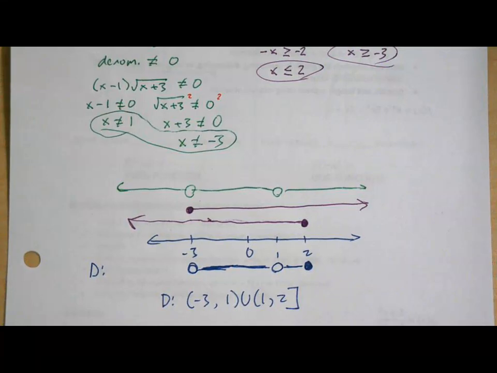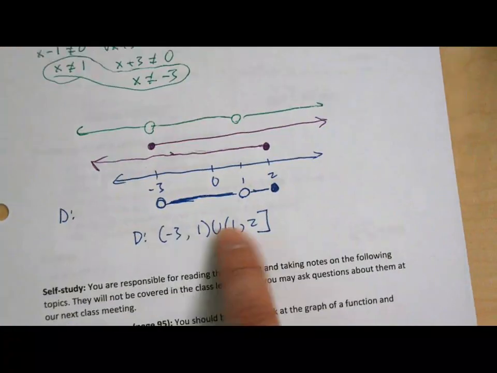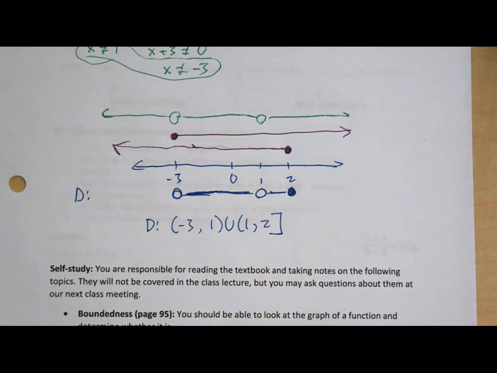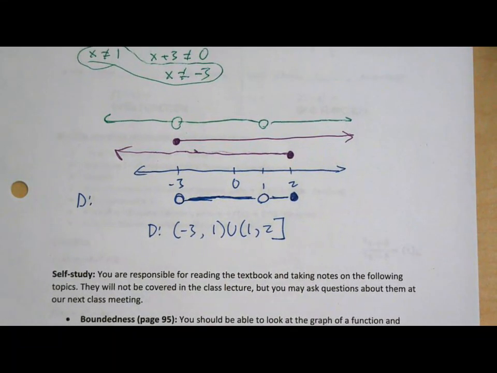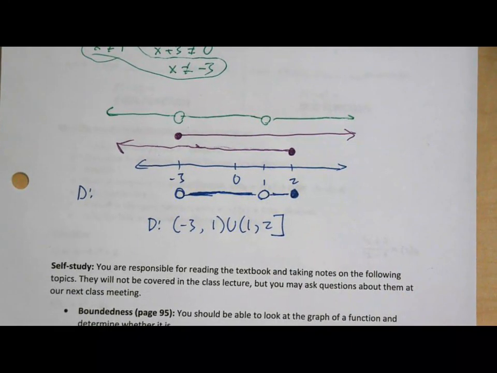What's the importance of finding the domain? We've found all of the x values that can be input into this function. If I look at this and I ask you the question, can 0 go into this function? Yes, 0 is part of my domain. Can 17 go into this function? No. Okay. All right, let me go back to your question here.